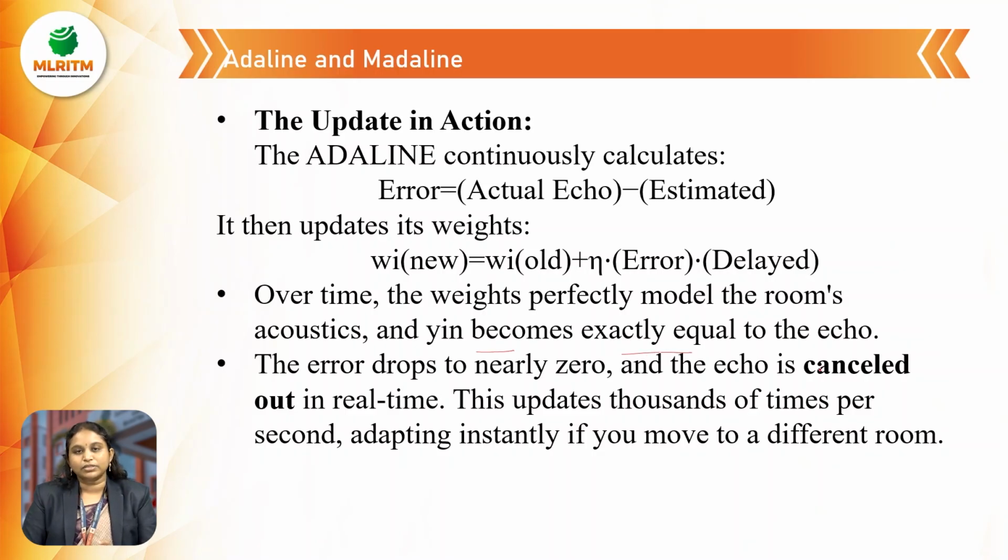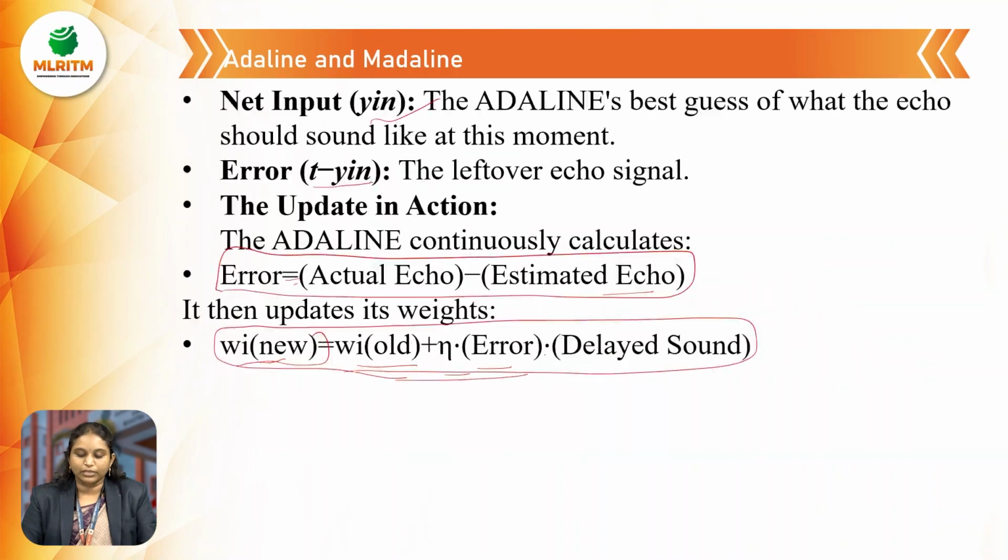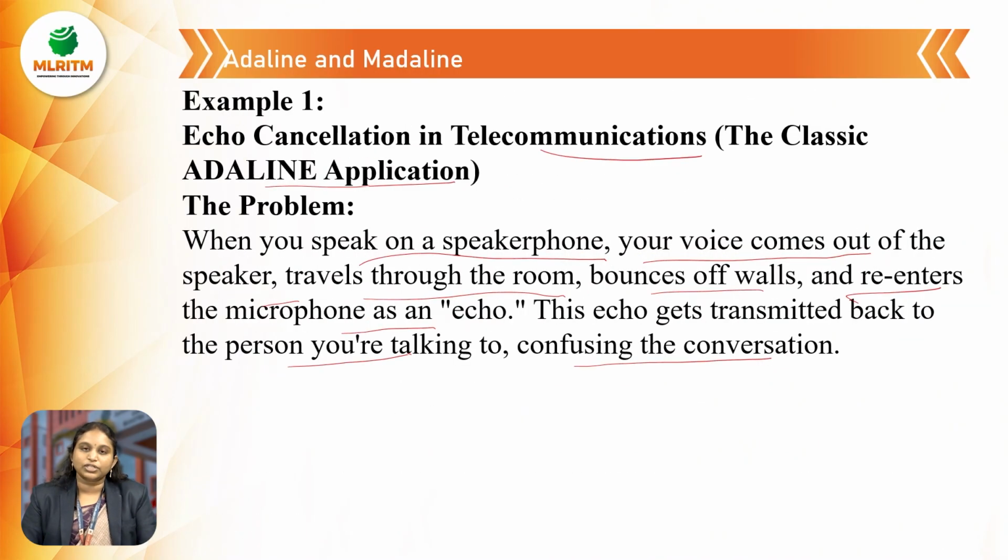The error drops nearly to zero, and the echo is cancelled in real time. These updates happen thousands of times per second and adjust instantly if you move to a different room. This is how the echo cancellation solution works in telecommunications.